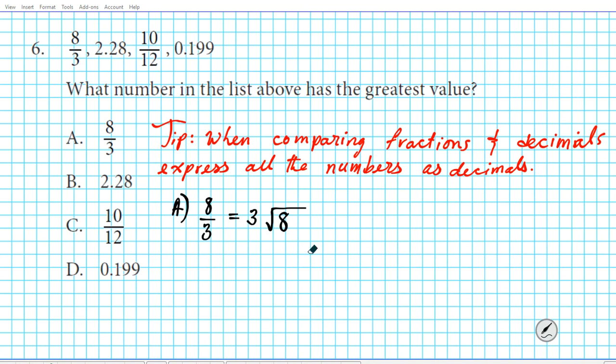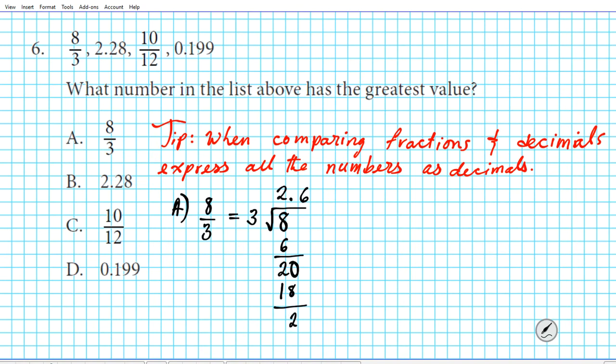Now we have it correctly set up, so we can carry out our long division algorithm. 3 goes into 8 how many times? 2 times. 2 times 3 is 6. When we subtract, you get 2. 3 can't go into 2, so we have to add a decimal point and place a 0 here. 3 goes into 20 how many times? 6 times. 6 times 3 is 18.